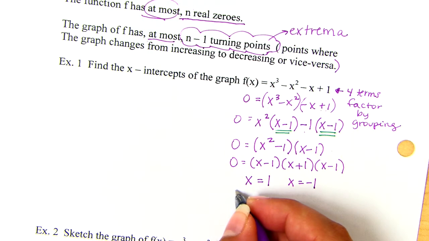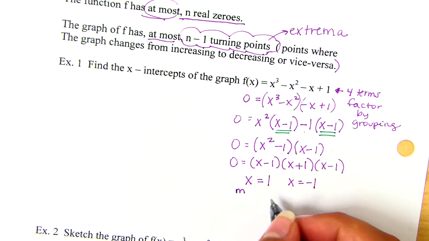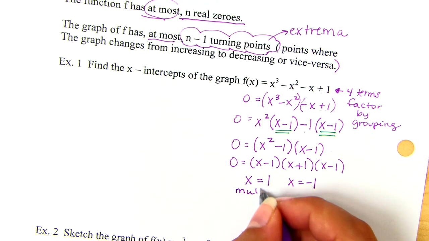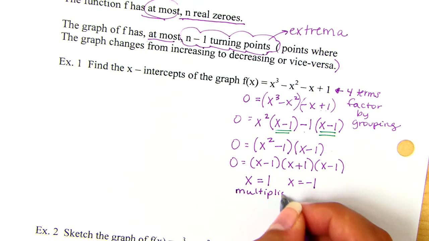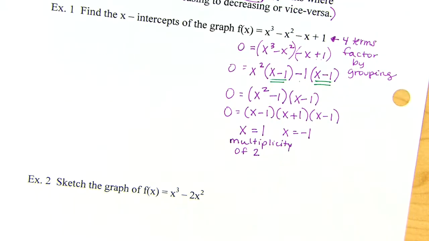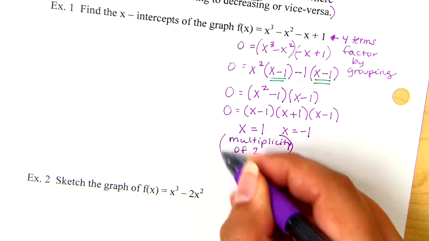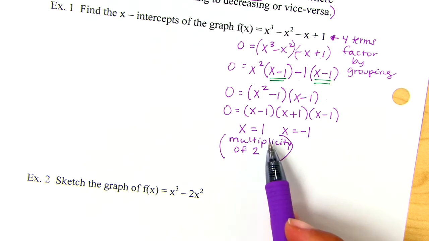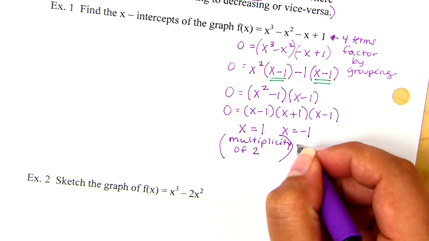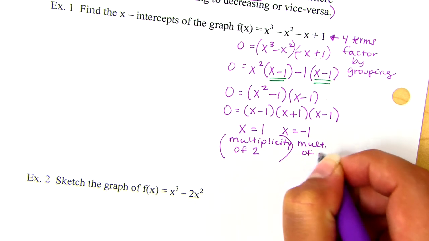I'm going to note underneath this one that you have a multiplicity of 2 for your x equals 1. And your x equals -1, you have a multiplicity of 1.